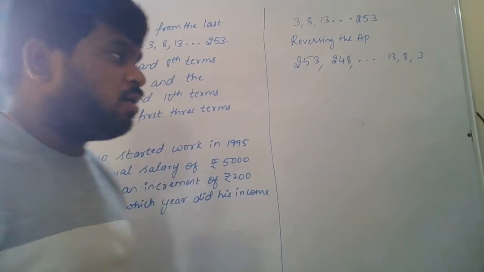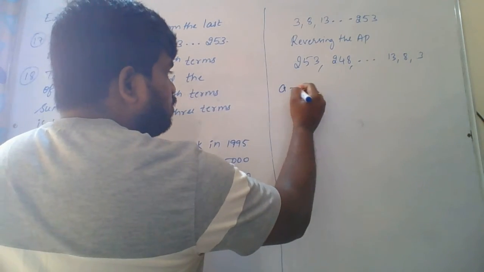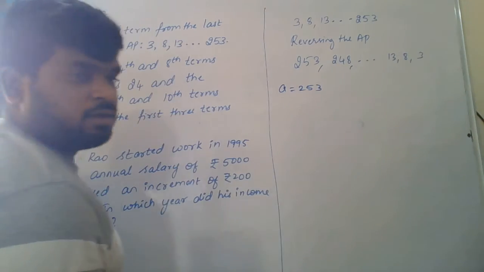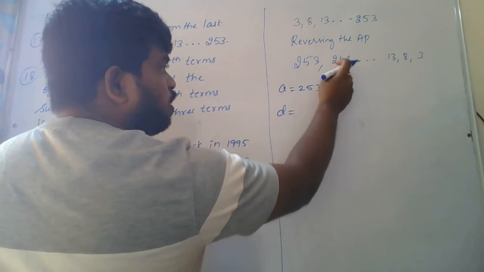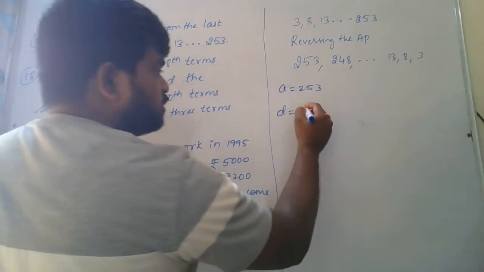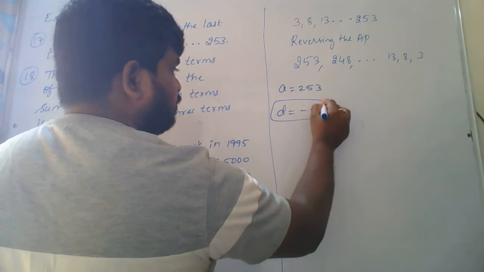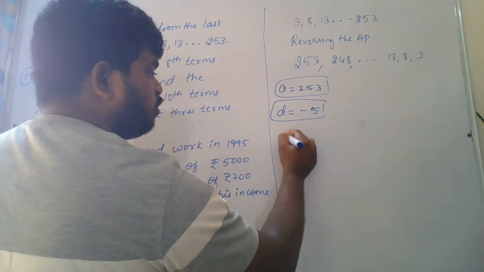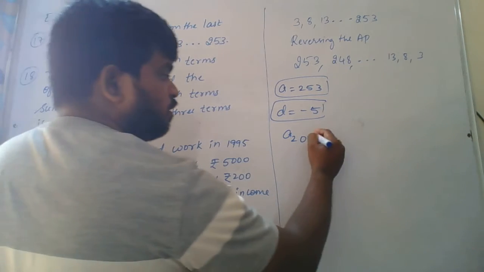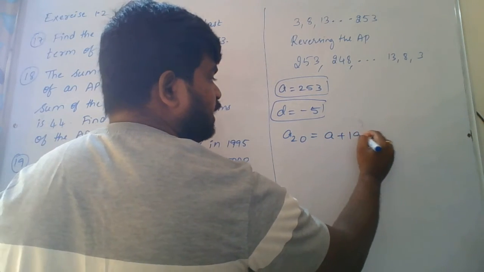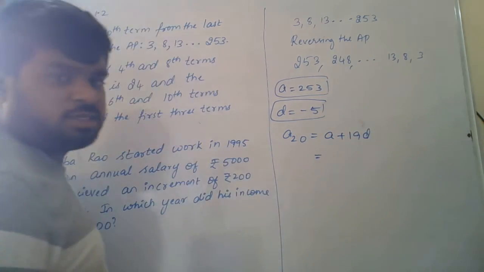Now what is my A value? My A value is 253. What is my D value? 248 minus 253, so it will become minus 5. Therefore the 20th term, what is the formula? A plus 19D is the formula, isn't it?